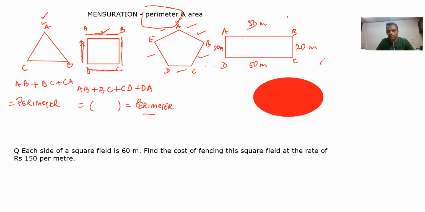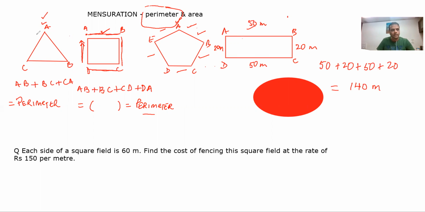Now it becomes very simple. 50, which is AB, plus 20, plus 50, plus 20, which is 140 meter. So 140 meter is the perimeter of this rectangular area. This is how simple it is.